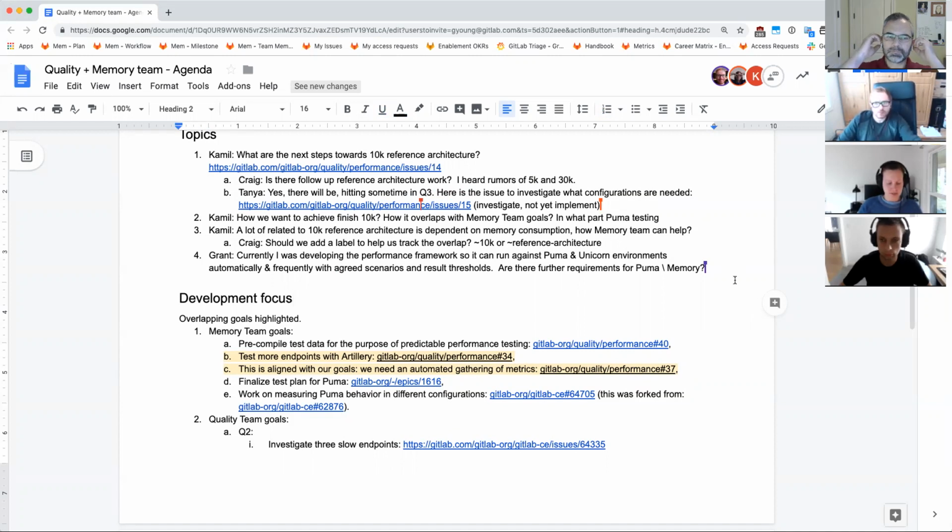The next steps: we found 3 slow endpoints when we conducted the full load test against the 10K architecture, so we're trying to investigate the root causes of that. Camille, you were involved in that discussion, figuring out what the actual cause is. And then from that, we'll get 3 issues for resolving whatever the root causes are.